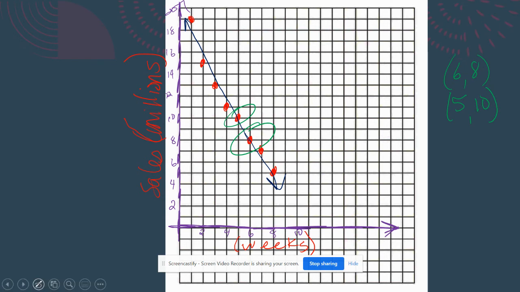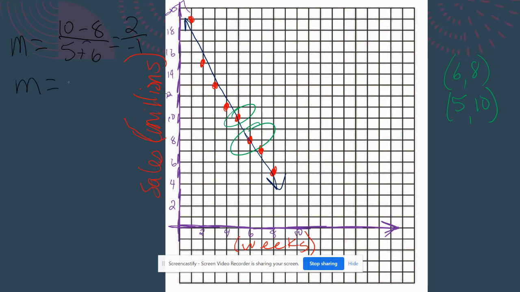So let's find a line equation for this that we drew. I'm going to start with finding the slope. So 10 minus 8 over 5 minus 6. That's 2 over negative 1.